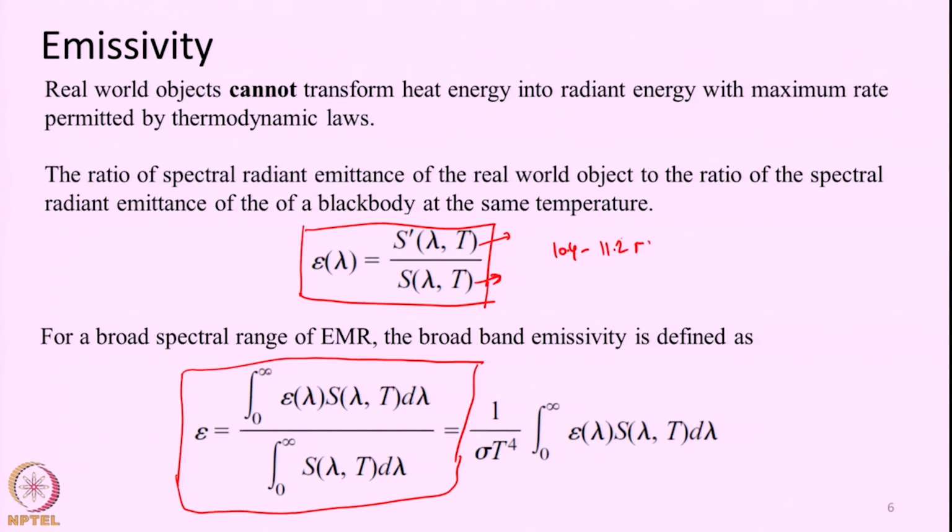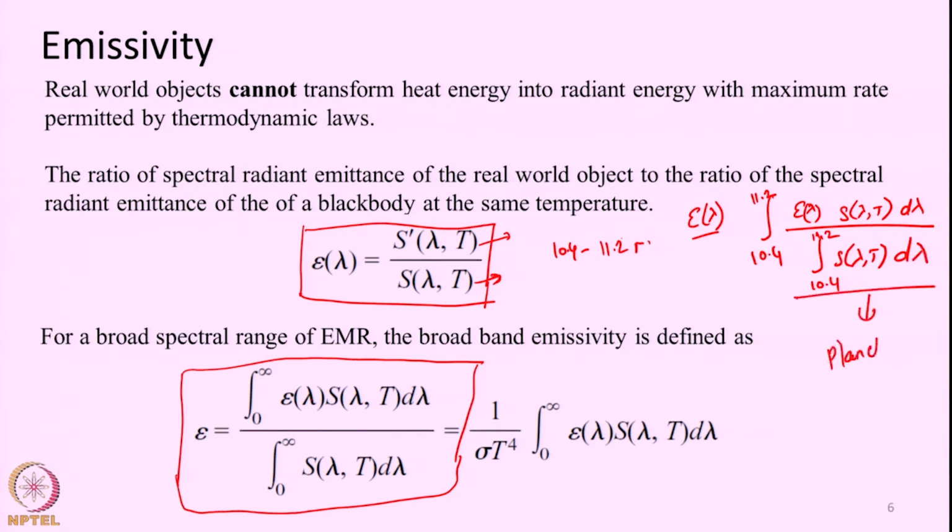Here an example is given for the entire range of the EMR spectrum from 0 to infinity, but if you want to calculate, say, between 10.4 to 11.2 micrometers, what is the band average emissivity, you can do it using this kind of equation. The denominator is basically what is given by Planck's law or Planck's equation, and the numerator indicates the actual radiation coming out from an object.